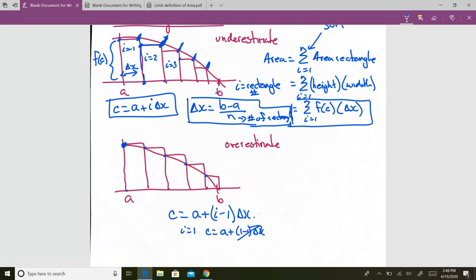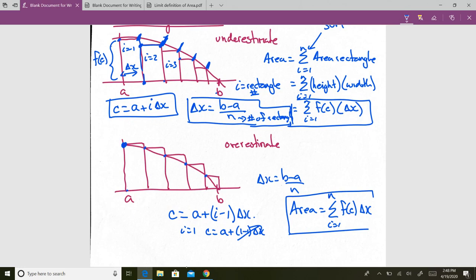So it's that number there. Okay? Everything else is the same. Delta x is b minus a over n. And the area is equal to the summation, wow, that is horrible, the summation i equals 1 to n of f of c delta x.